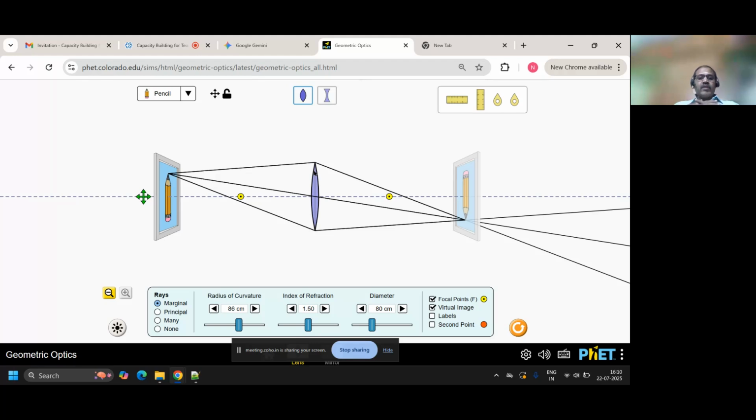For those who are coming for the first time to today's class, I'm telling you again, this session is not to teach you the subject. As teachers, you already know the subject. This is to show and demonstrate how to use simulations to explain the concepts.